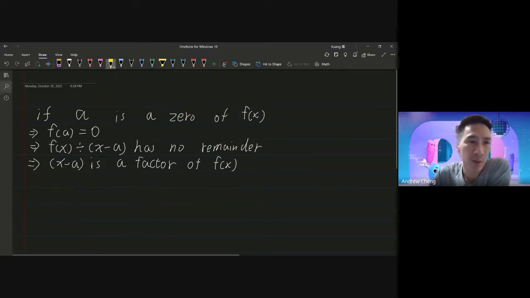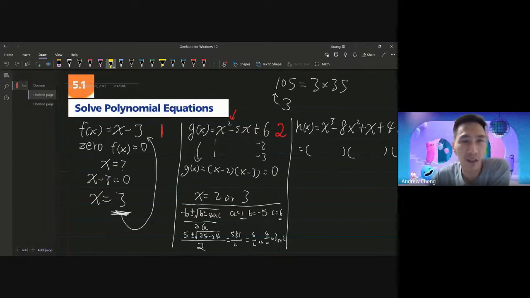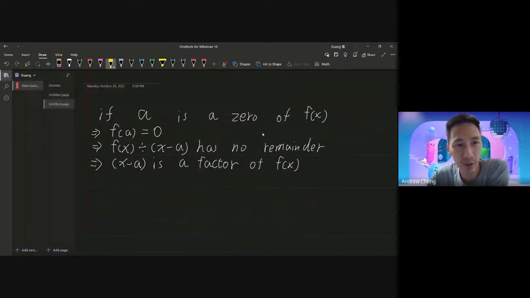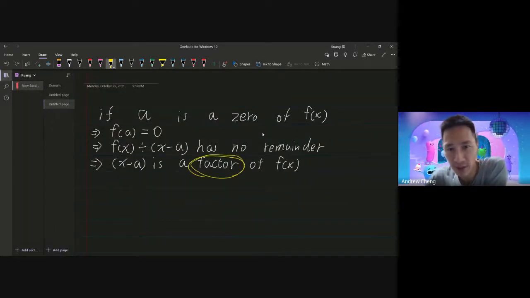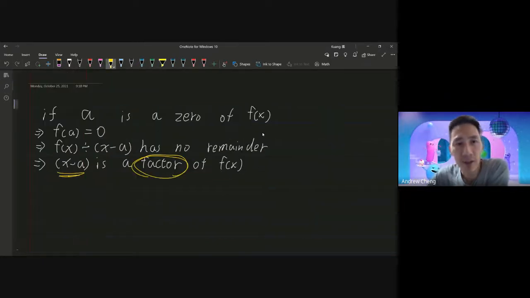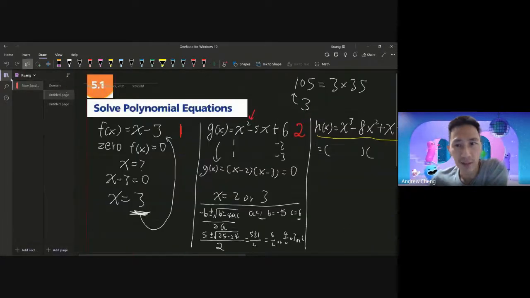Remember, what I'm trying to do here is find a factor of this polynomial. So I want to find the factor x minus a, and I want to make this happen. So I will start to plug in some numbers for x.